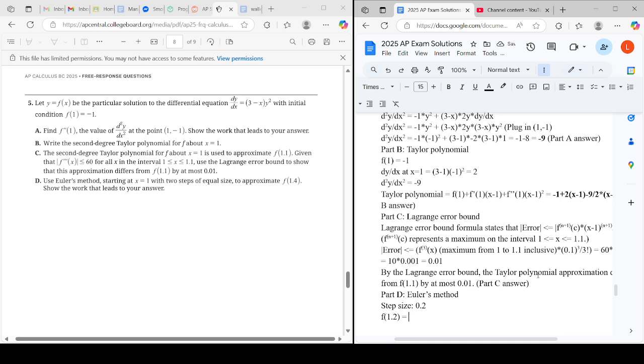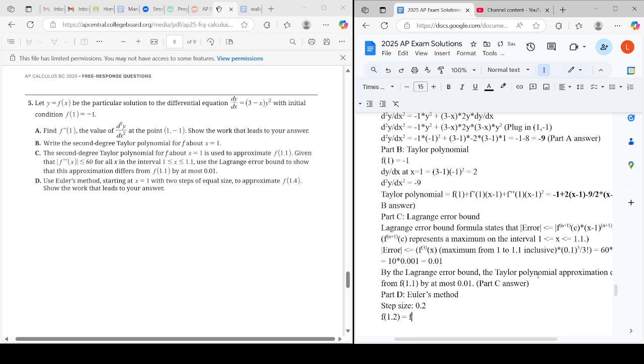Make sure you put approximately equals when you use Euler's method or Riemann sums, any kind of approximation on the exam. For Euler's method, it's basically a series of tangent line approximations. If you've seen the AB videos, we've done that before.